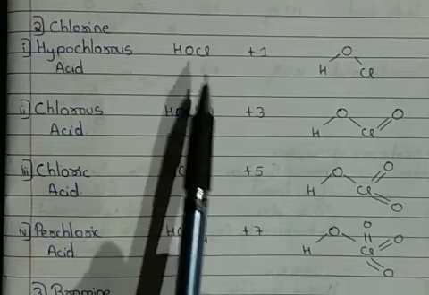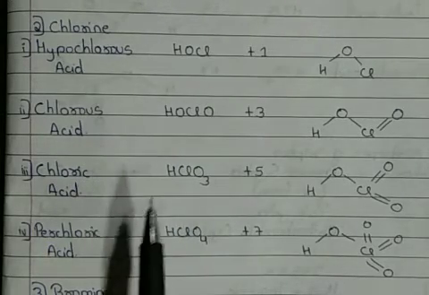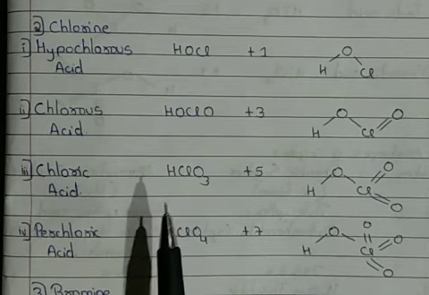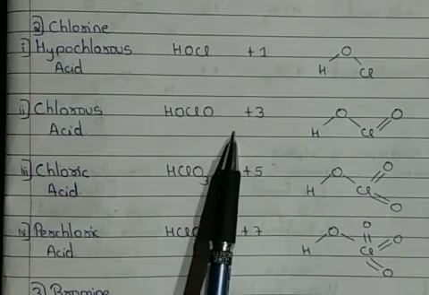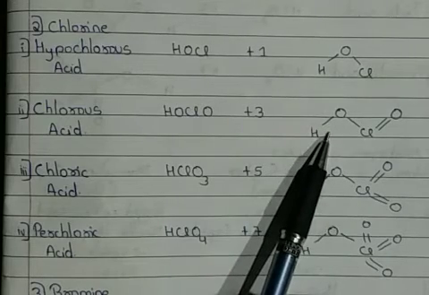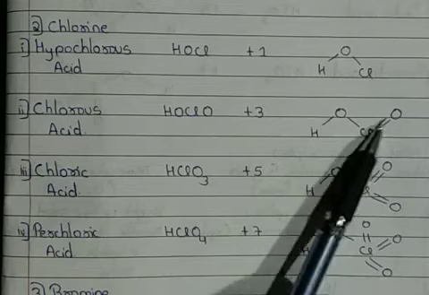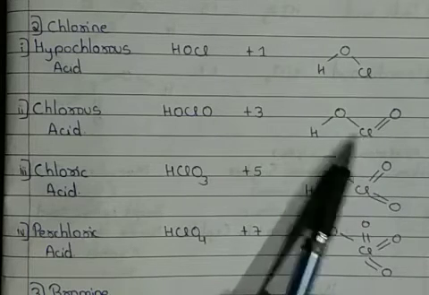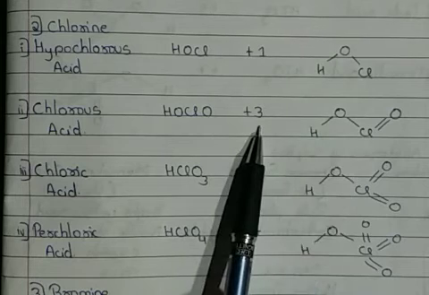Remember very well that halogens other than fluorine, that is chlorine, bromine or iodine, when combined with oxygen, their oxidation states are positive. Okay, so in this given structure, we have OH, single bond Cl, double bond O. So you could see that chlorine is having 3 bonds, and that is why its oxidation state is +3.